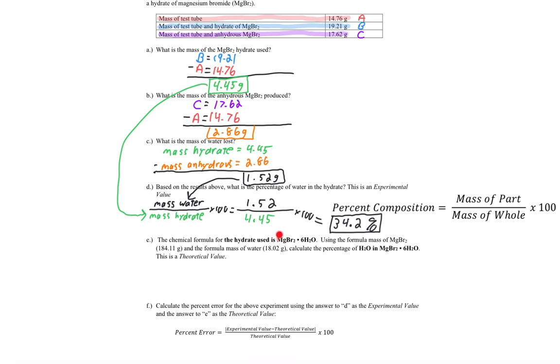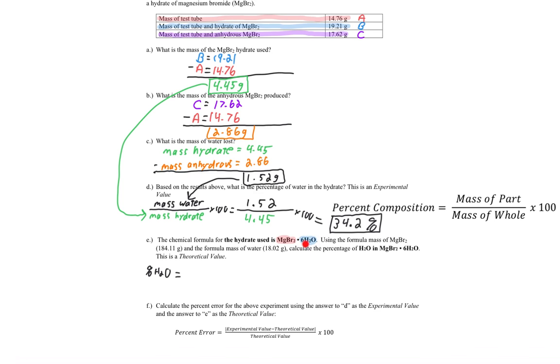Part E is using the hydrate's actual formula, which is MgBr2 dot 6 H2O. That means there's 6 waters trapped for every magnesium bromide. So to find my percent of water in this, I need the mass of the water.